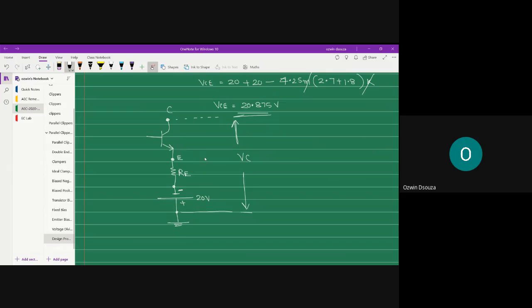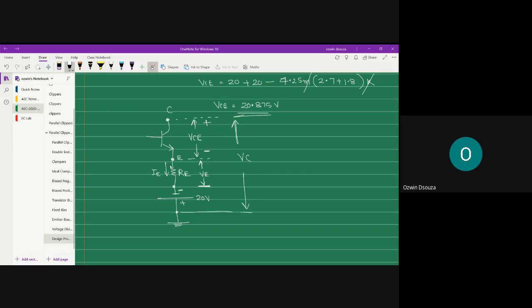So collector to ground voltage is nothing but the algebraic addition of the three voltages. So upper side positive, lower side negative, and this is how the emitter current flows, right? Hence the voltage VE appears in this manner.